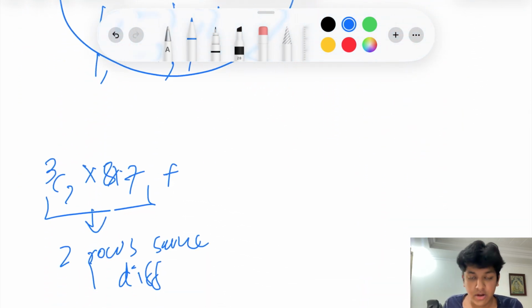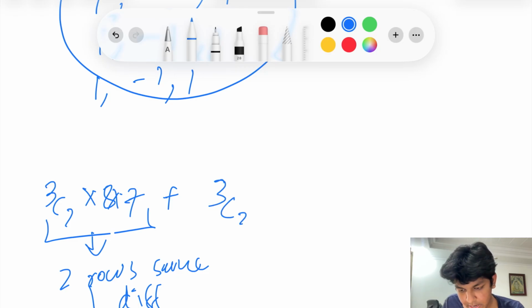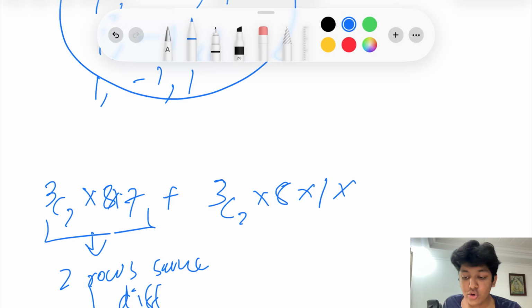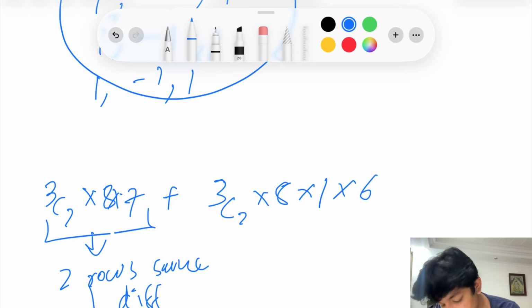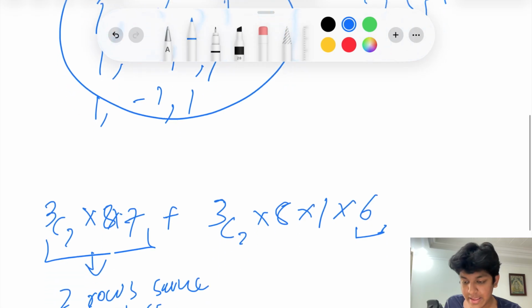What's the case where one row is negative of the other? We are going to choose 8 ways to create the first row, and then the second row will be the negative of the first row. So times 1, times 6. Why exactly times 6? In times 6 we are excluding two cases.